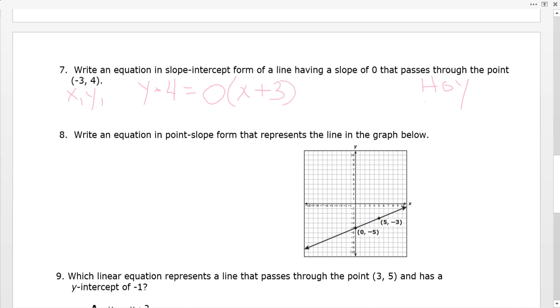When I multiply everything by 0, I end up with y minus 4 equals 0, y equals 4. And hopefully you can see how you would have been able to write that only from that point.